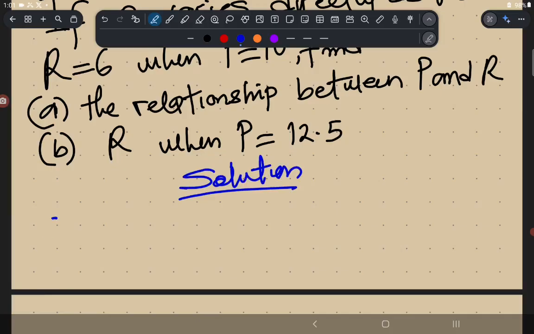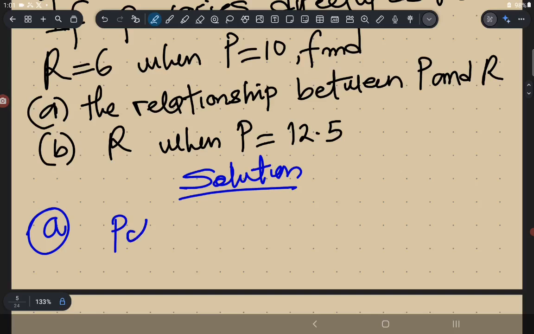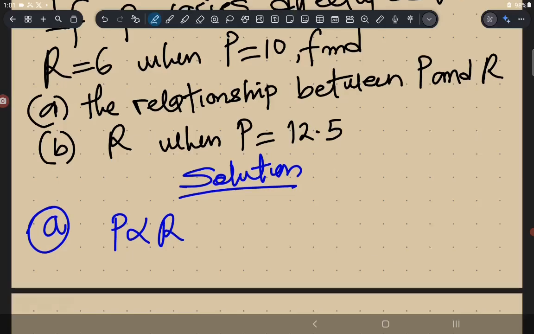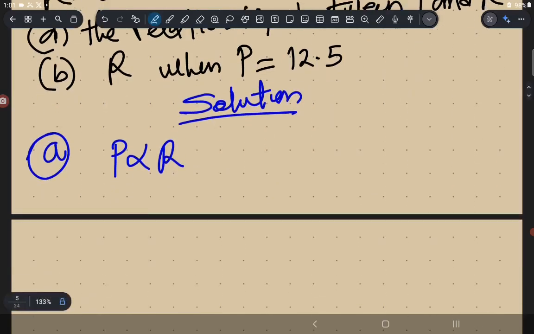In the solution, from the facts in A, the question said that P is directly proportional to R. According to the statement, P varies directly as R. So that is the meaning. The mathematical interpretation of this is that P will be equal to KR.